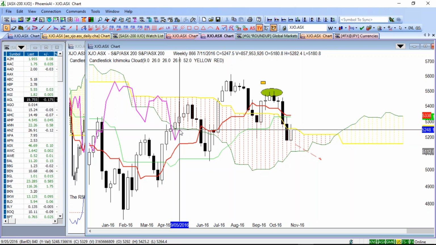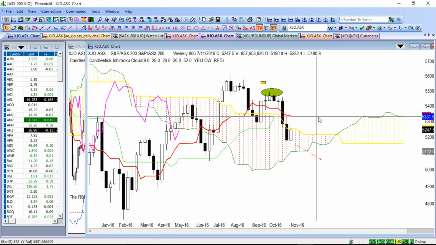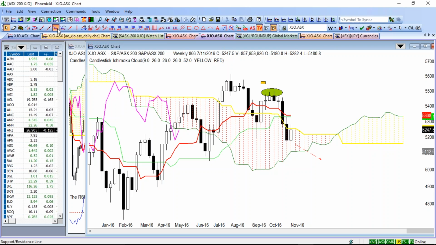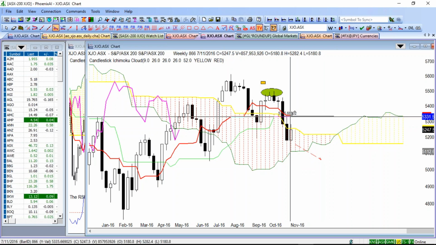Chikou span stuck inside the price action in the background, and the Tenkan Sen and the Kijun Sen now starting to flatten out. So a further resistance level coming forward here. They're quite close together, so it would be considered quite strong resistance.